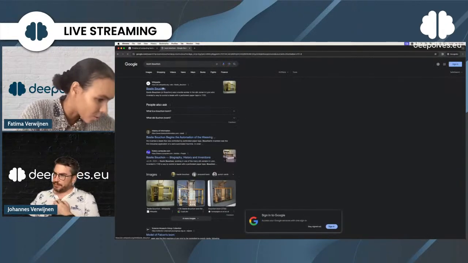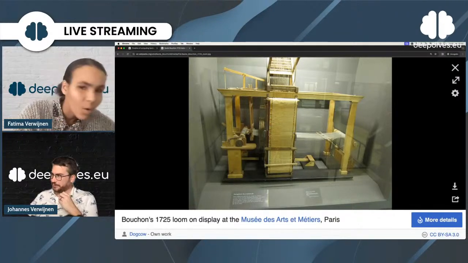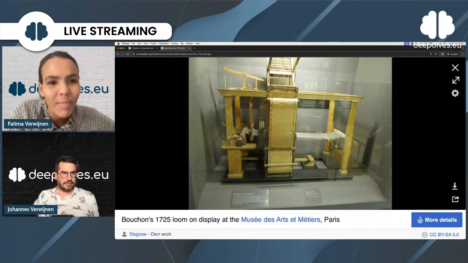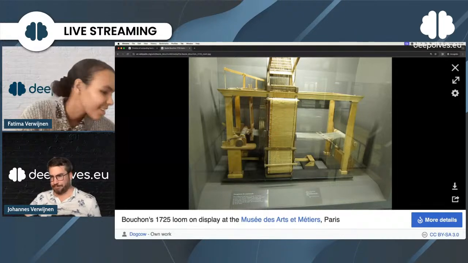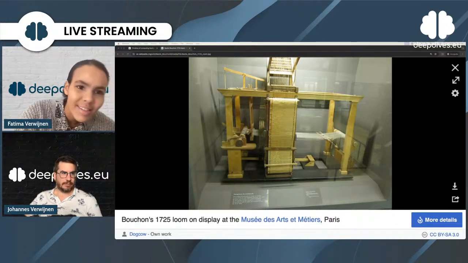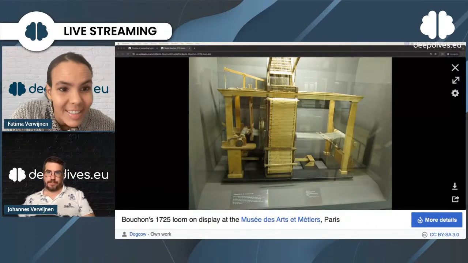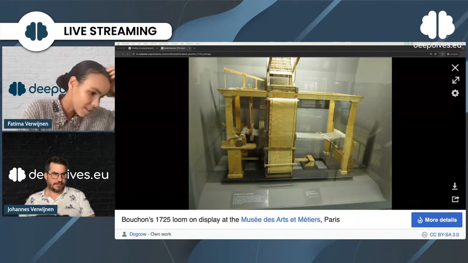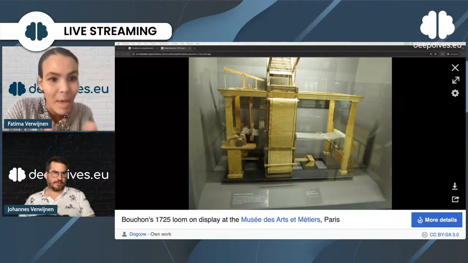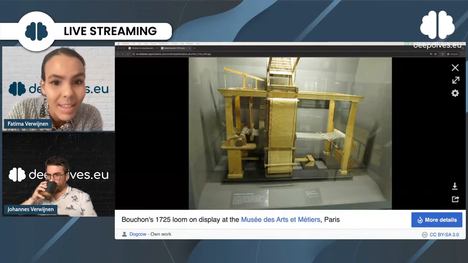By observing his father's work, his father played the organ, he learned to adapt the methods his father used to come up with his own version. And this is the Bouchon loom.